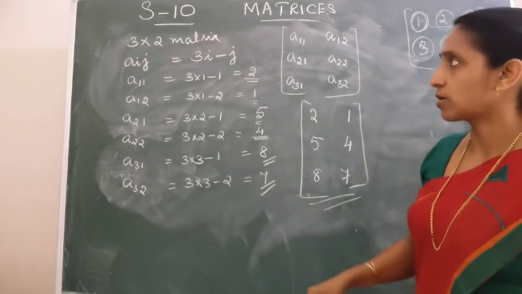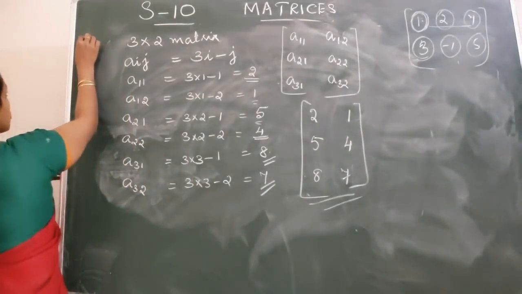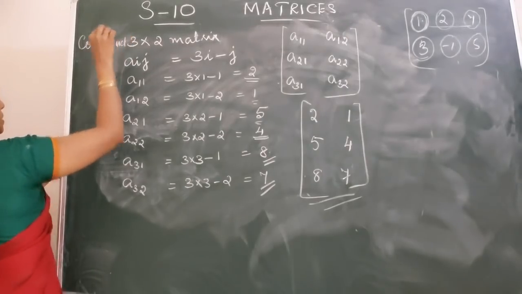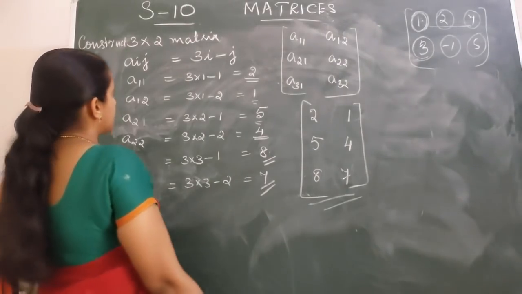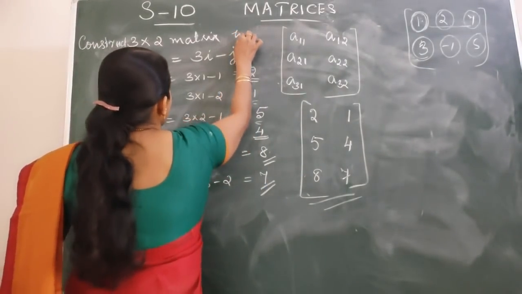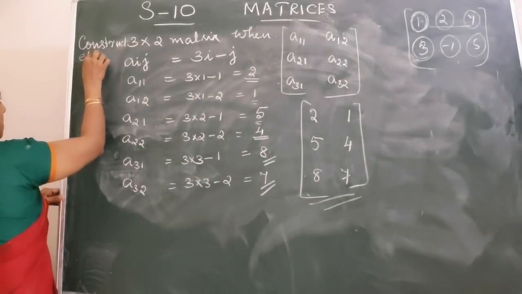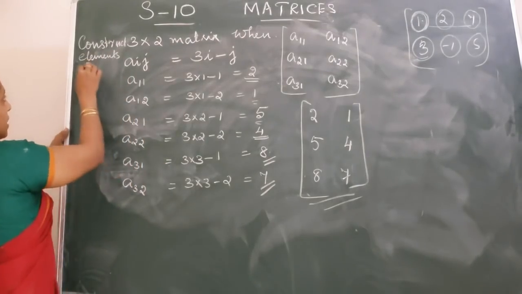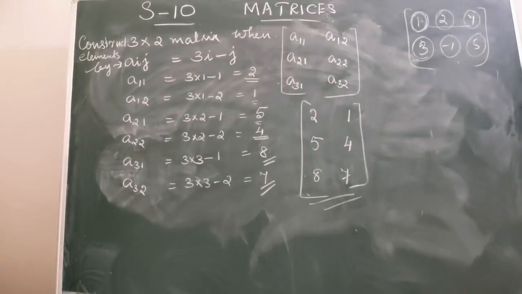Okay. So just note down. Construct a 3 by 2 matrix when the elements are given by, you can see the question, question number 3, Aij equal to 3i minus j.